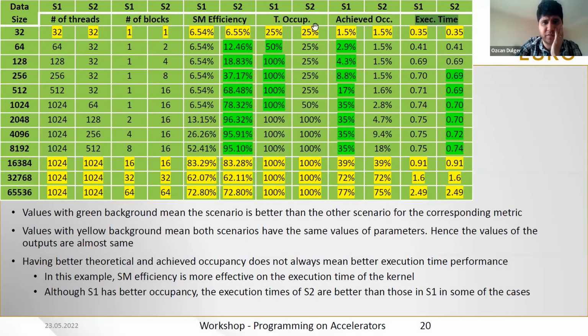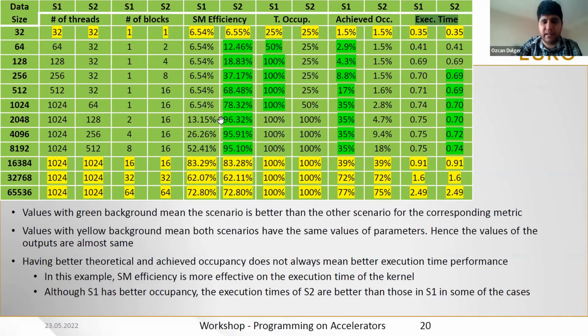For the theoretical occupancy, the first scenario is better than the second one where the data size is between 2^6 and 2^10. And for the achieved occupancy metric, the first scenario is better than the second one where the data size is between 2^6 and 2^13.